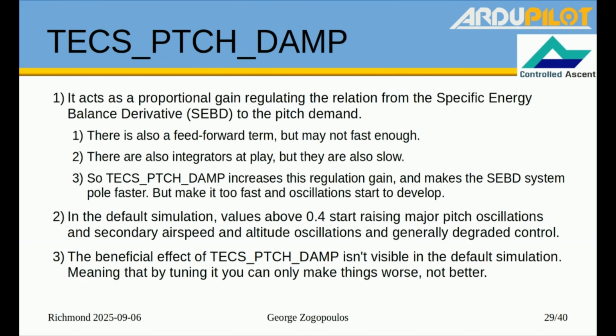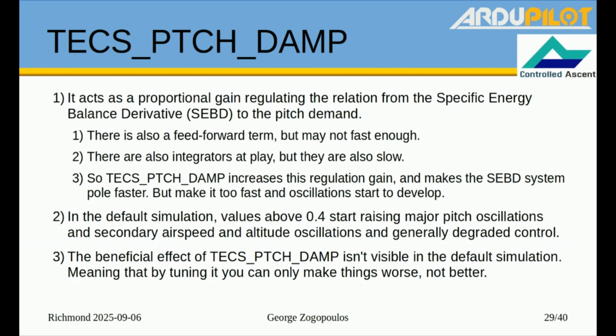Next, about TECS pitch damp. And this one, at least to my interpretation of the code and the dynamics, although it says damp in its name, it acts more like a proportional gain on the pitch angle. There are other mechanisms to regulate the pitch angle.